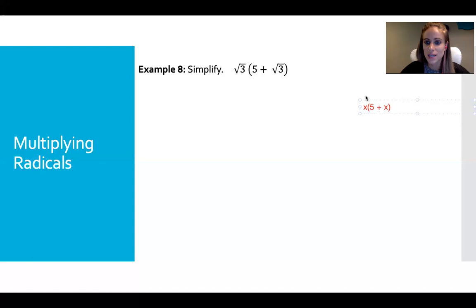So we can distribute, just changed colors there. So we can distribute, and that will clear our parentheses. So we have the square root of 3 times 5. All right, when we go and do this multiplication, is our 5 inside of a radical?